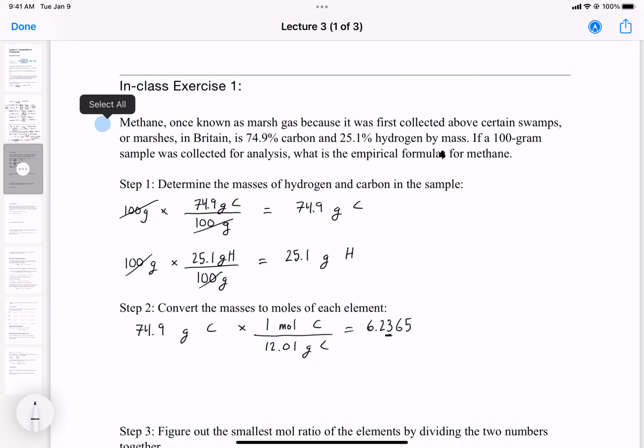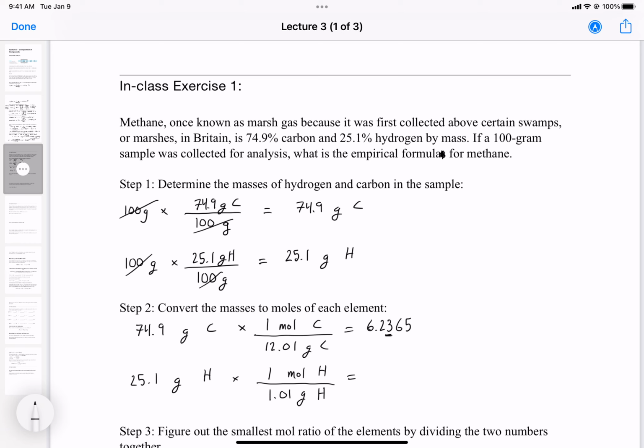Okay, and then we have hydrogen. We have 25.1 grams hydrogen times 1 mole of hydrogen, 1.01 grams hydrogen. Okay. So when we're going from grams to moles, we're dividing moles to grams, multiplying, and that should be evident in how you set up your conversion factor.